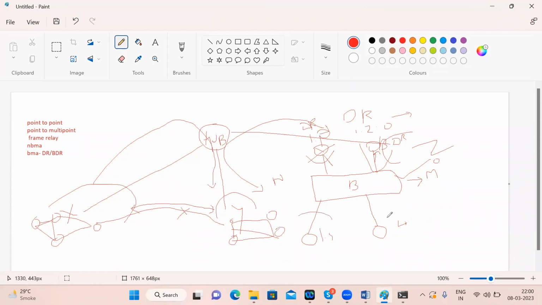Whenever a DR exchanges any packet, all routers should know that this packet is coming from a DR router.